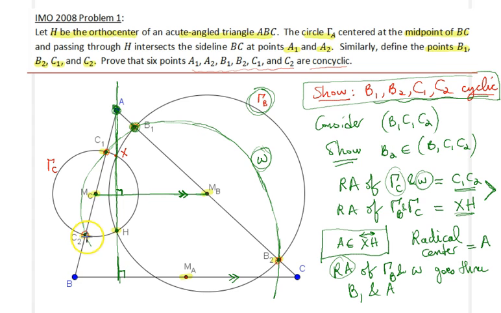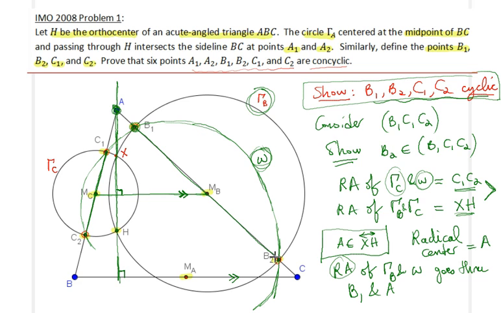Now my next question would be, where is the center of that green circle omega? Well, it would be on the perpendicular bisector of the chord C1C2 and the perpendicular bisector of the chord B1B2.